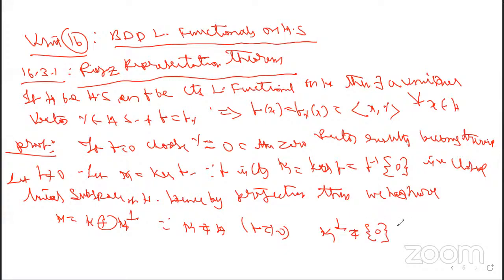Hence we can choose a non-zero vector z belonging to M perp such that norm z equals 1. M intersection M perp equals 0, and z is not equal to 0 in M perp.